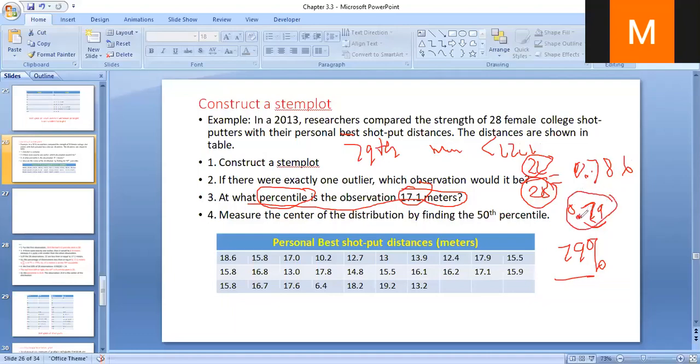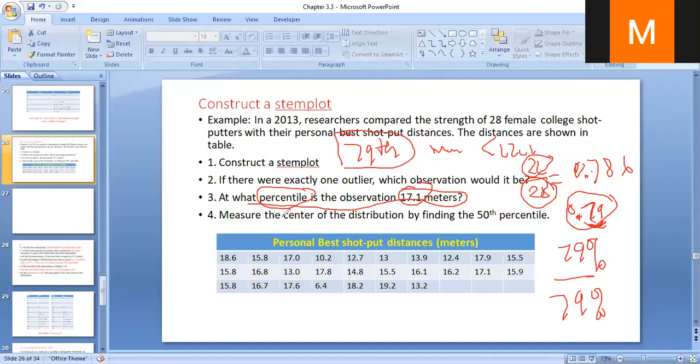When you find a percentile, you use only 2 decimals. That is 79%. This means the percentile is 79.